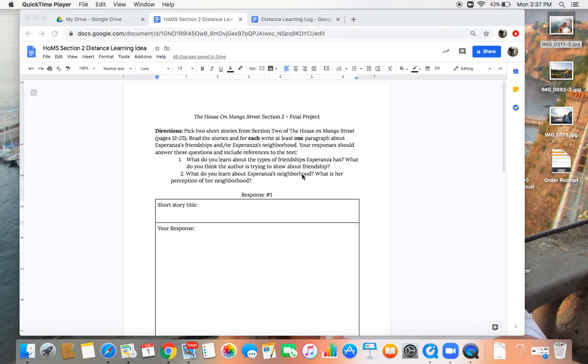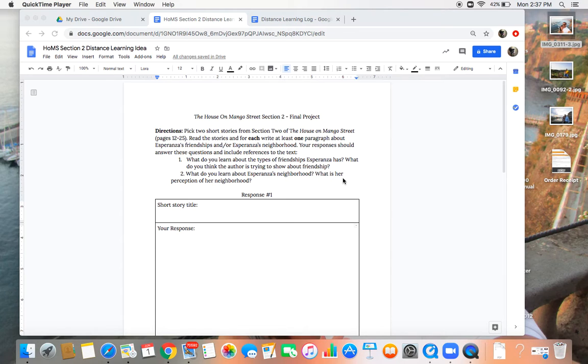You're going to write either about just friendship and how it's depicted in that story, just Esperanza's neighborhood and how it's depicted in that story, or you're going to write about both, as long as your response is one paragraph and you reference the text.